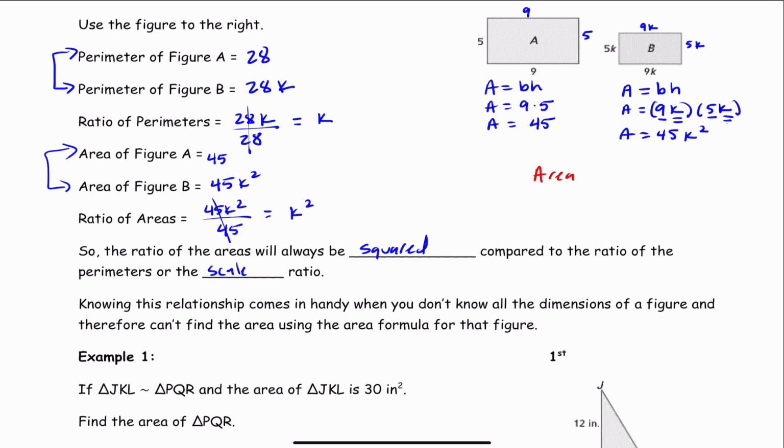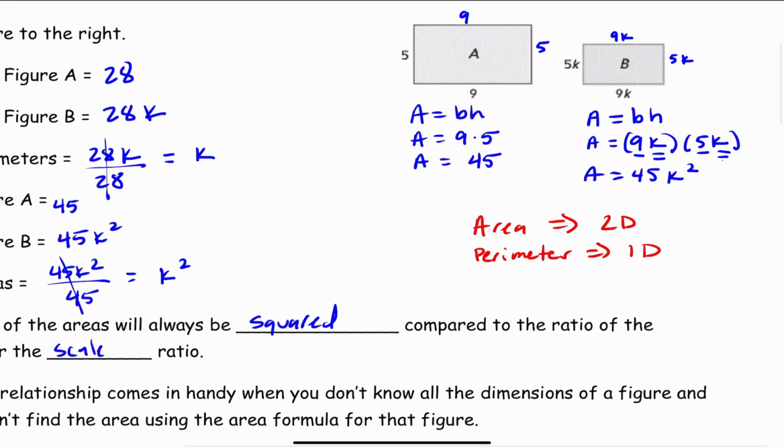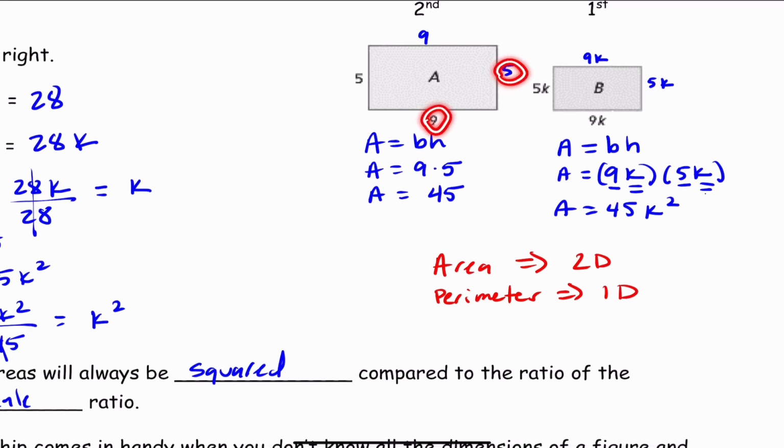Area is always two-dimensional, and when we're dealing with perimeter, that's one-dimensional. So perimeter, we were adding up all of these one-dimensional side lengths here. Well, the side lengths are always one-dimensional, and when we're adding side lengths, it's always one-dimensional, right?